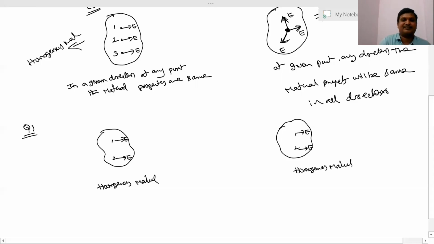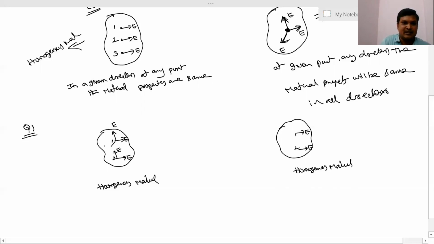Am I right? Now I'm taking the y direction. This is E. This is also E. So this is still a homogeneous material. Compared to the y direction, upward direction, at point 1 it is E and at point 2 also E in the same direction, so still homogeneous.